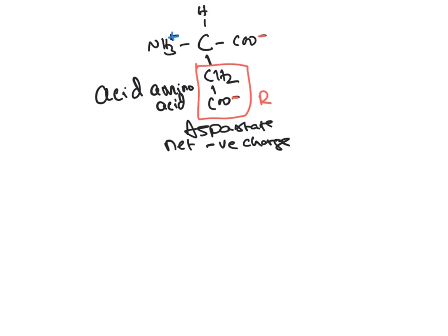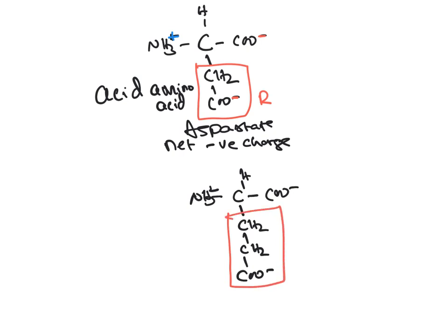We have another similarly negatively charged amino acid, and that is glutamate. Let's look at glutamate. It has the alpha carbon in the center, COO minus, NH3 plus, and H, like any other amino acid. Then you have CH2 and COO minus. This is glutamate. Now the side chain of glutamate is CH2 COO minus.